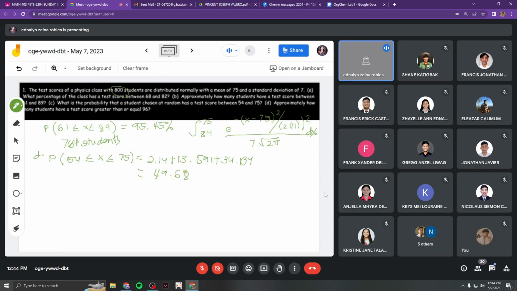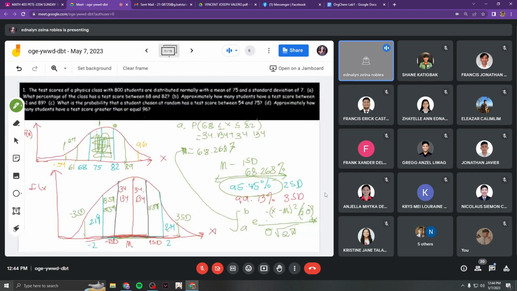So this is the probability that the students will score between 54 and 75. Let me repeat, bakit 49.865? Ang sabi sa atin ay from 54 to 75. As per our graph, from 54 to 61, the probability is 2.14. From 61 to 68, it is 13.591. And from 68 to 75, it is 34.134. So we will be adding these numbers in order to get the probability that the students will score between 54 and 75.